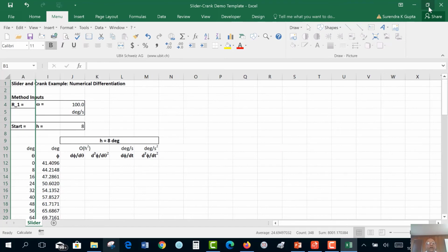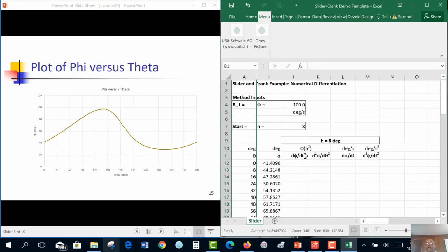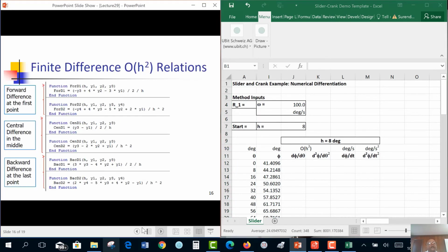All right. So our next problem is to find these derivatives, right? So for derivatives, we need these formulas. For the first row, we need forward difference derivatives. So here is order h square relations for first order derivative, second order derivative, forward difference.